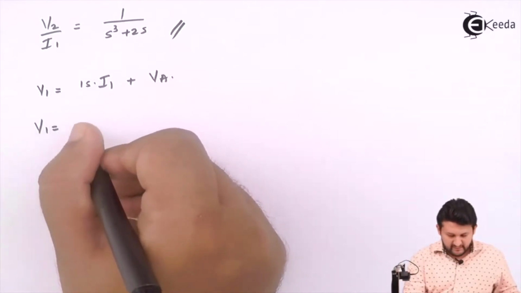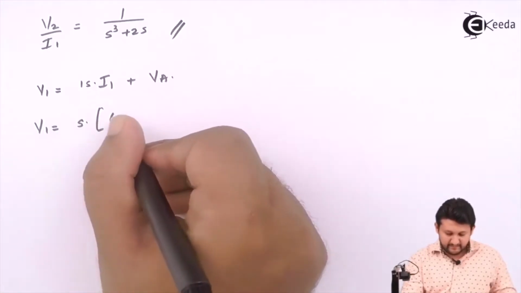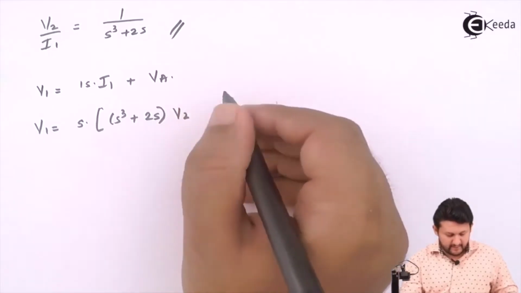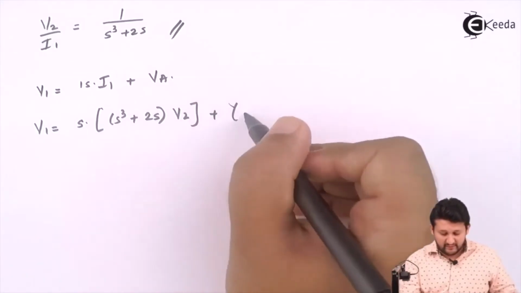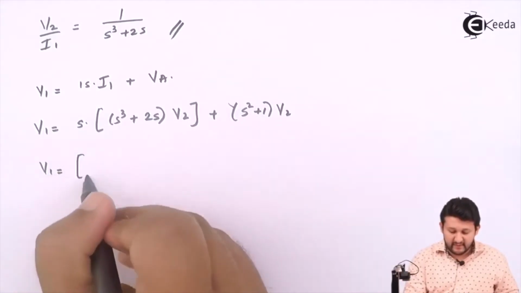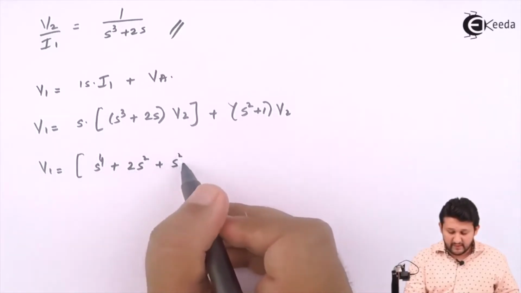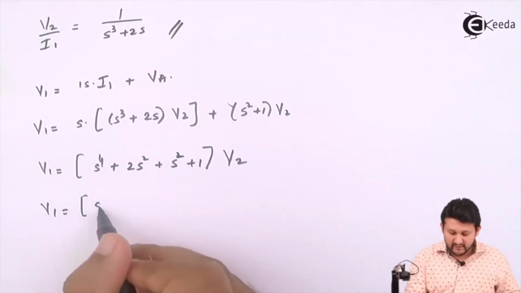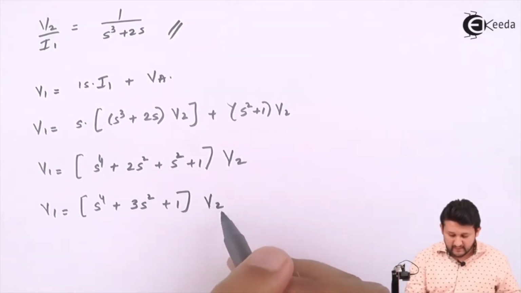So V1 is equal to S times the value of our I1, which I got as S² plus 2S V2, plus the value for VA, which we got after solving as S² plus 1 into V. To simplify this part, multiply, and we will be getting S² plus 1, the whole bracket, V2. So this will be, my dear friends, S⁴ plus 3S² plus 1 V2.